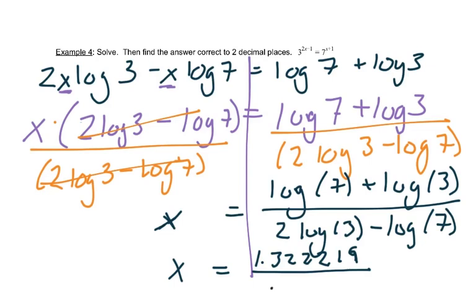And that gives us 0.109144. So now we can type that into our calculator. 1.3222219 divided by 0.109144. And that gives us, to 2 decimal places, 12.11.